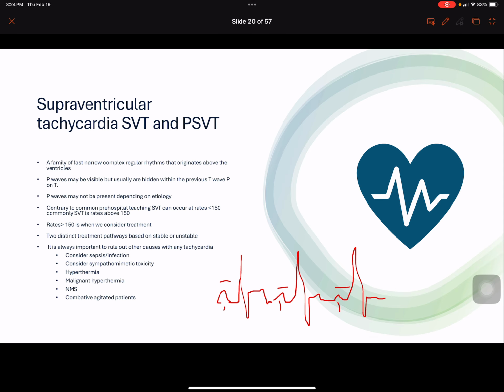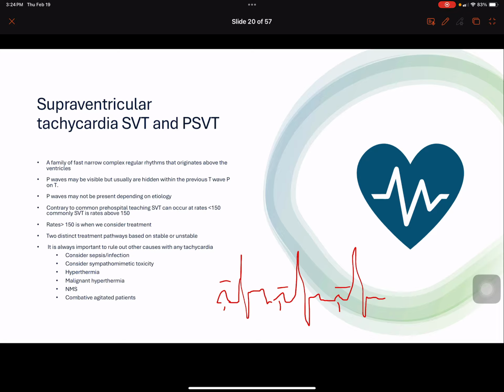Even though we have this fast rate greater than 150, anytime we see that normal looking QRS complex, we should consider this a sinus tachycardia and really rule out a compensatory cause.